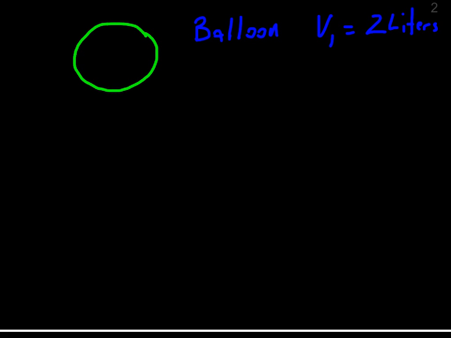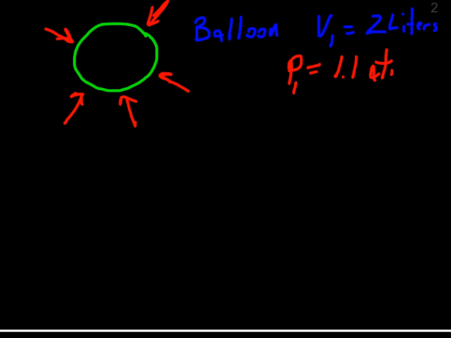And currently, the atmospheric pressure pushing on that balloon, P1, happens to be 1.1 atmosphere. Okay, we're somewhere down in Death Valley or something, looking at this balloon.